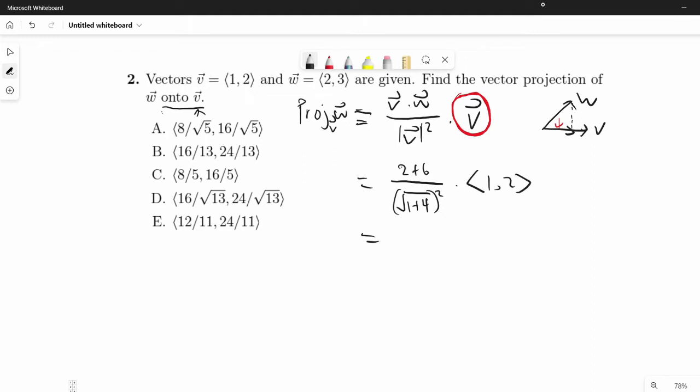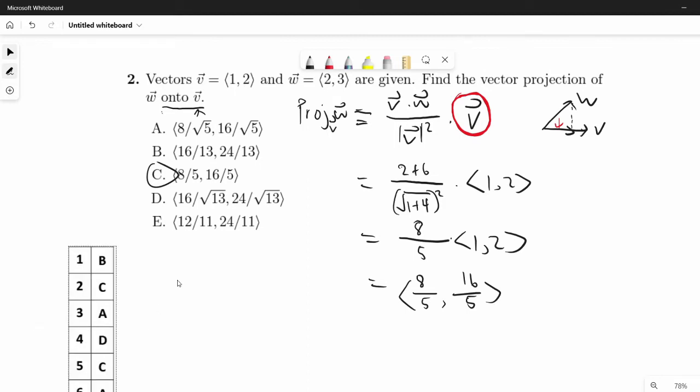Simplify: 8 on top, and the square root and square cancel, so we have 5. So here, 8 over 5, and 16 over 5, which would be our answer choice C for number 2.